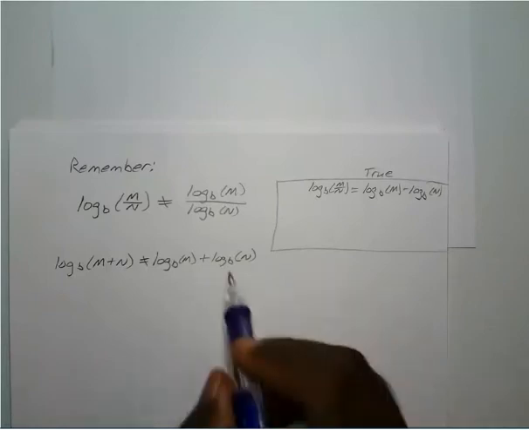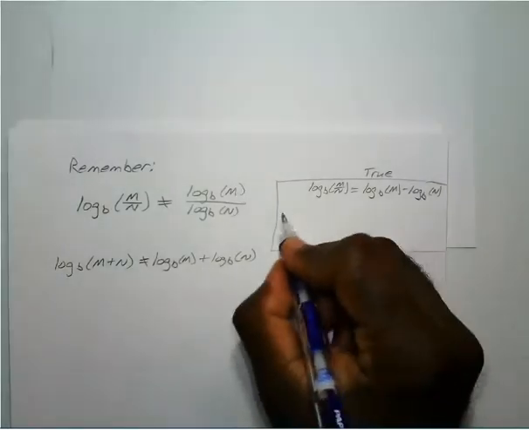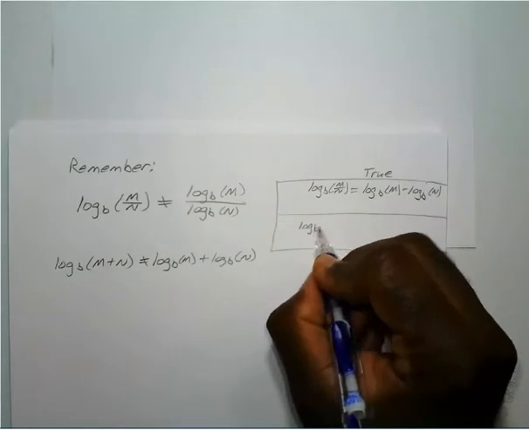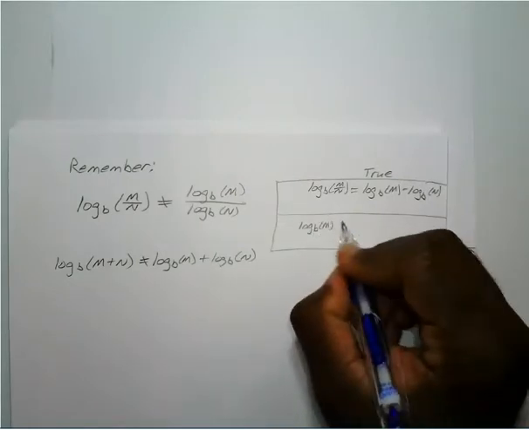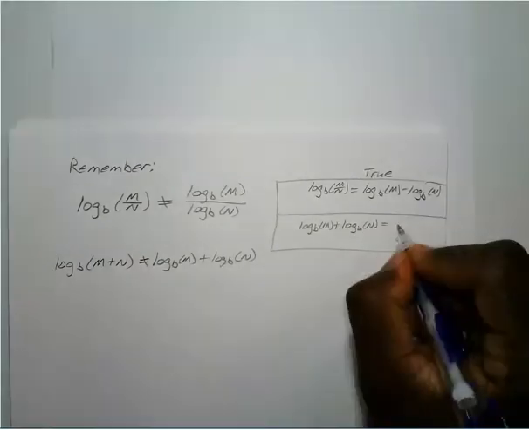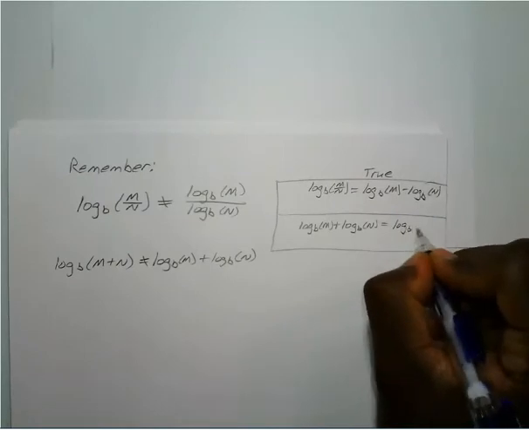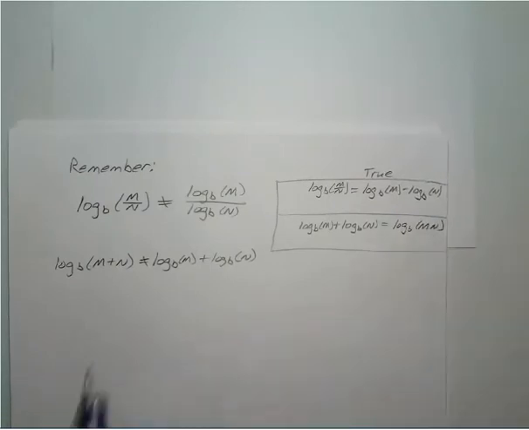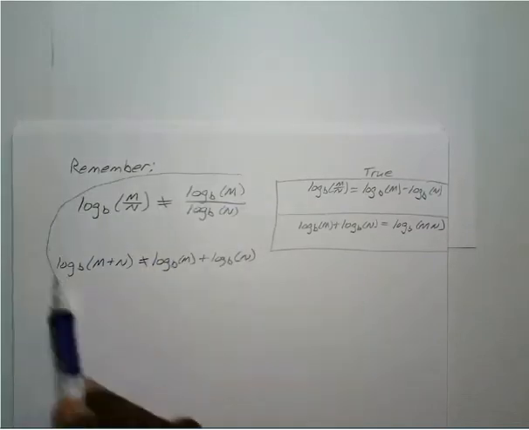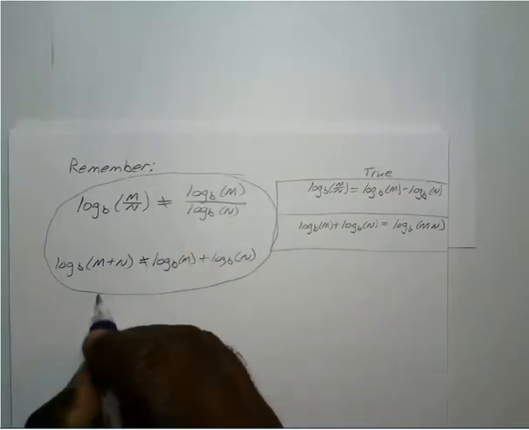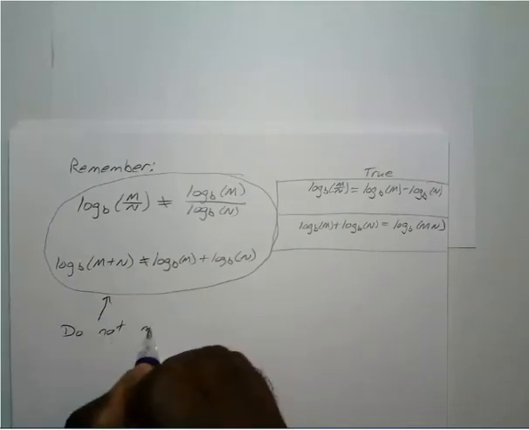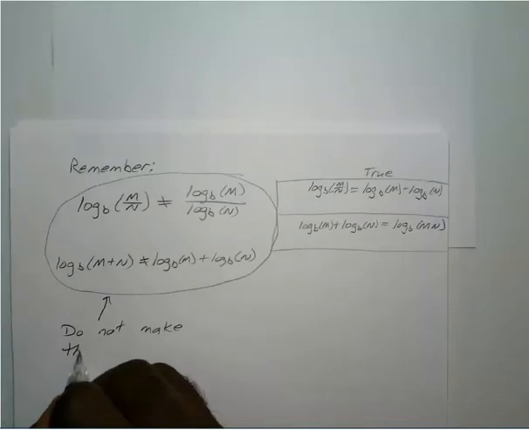Okay, log base b of m plus log base b of n is equal to log base b of m times n. Okay, so you don't want to confuse that. Like I said, these are really easy mistakes to make. Do not make these mistakes.